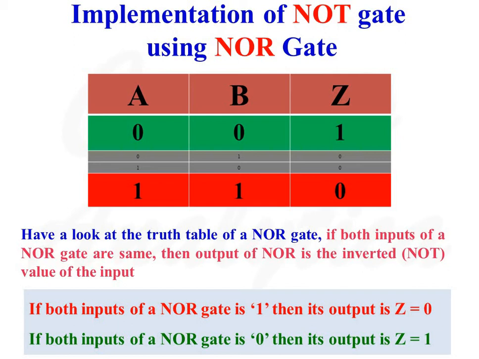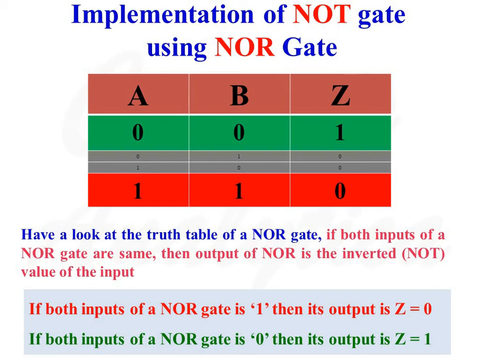Now let us discuss the implementation of a NOT gate using a NOR gate. The truth table of a 2-input NOR gate is shown. If you compare the input combinations, when both inputs are 0, the output is equal to 1. When both inputs are 1, the output is equal to 0.